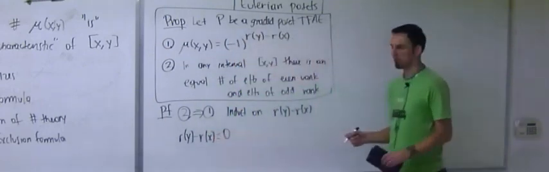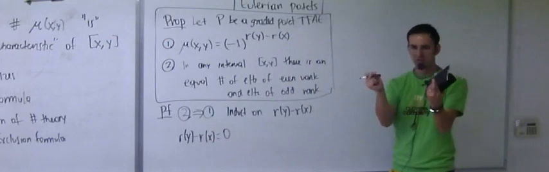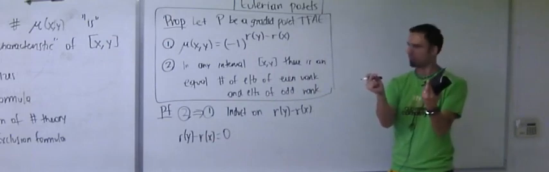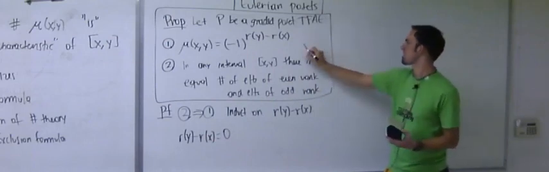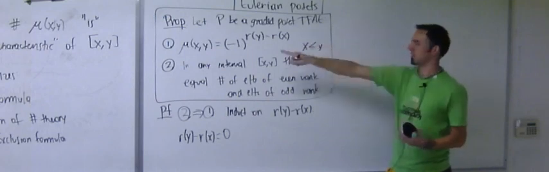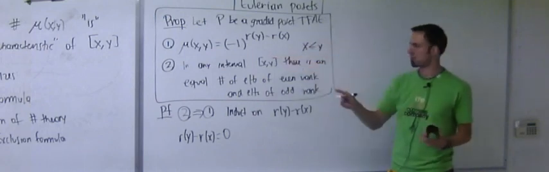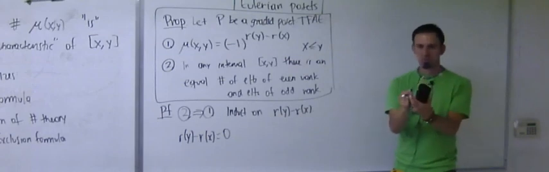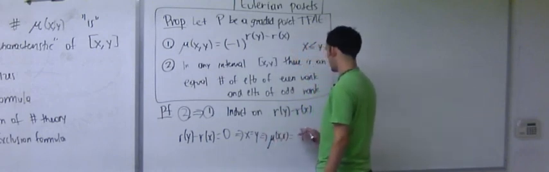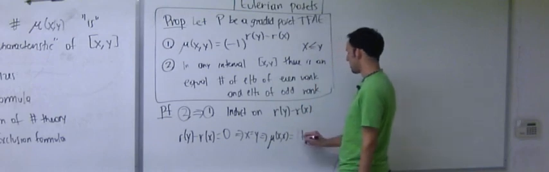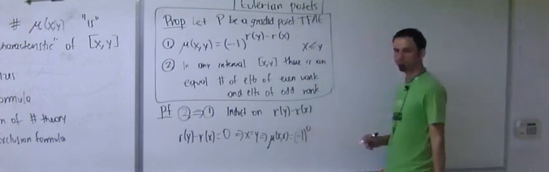Of course, the first case is trivial, because if the difference in ranks is 0, then x and y are at the same level. This is, of course, for x less than or equal to y, because that's the only place where the Mobius function is defined. So if they have the same rank, they must be the same element, and then we know that mu of x comma x is (-1) to the 0.